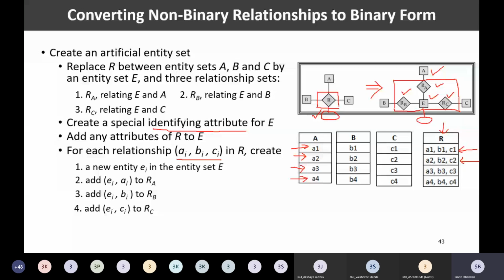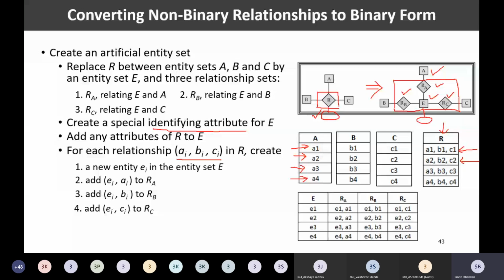So what I'll do? See here. As I mentioned, for this E, I'll be having the identifier, say E1, E2, E3 and E4. So this represents the unique identification for the entity that is stored in this E.